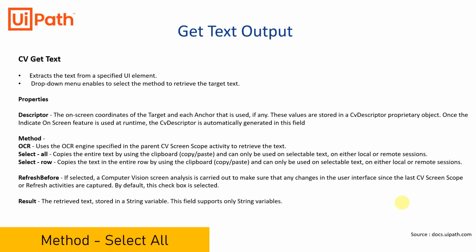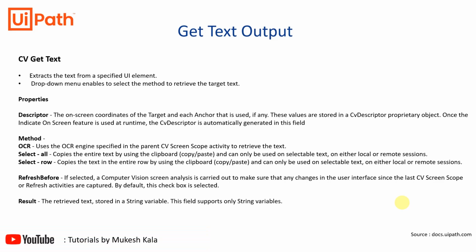So for example, if you have some text in a notepad, a text file, or a document, which you simply want to copy and paste, such as with Control C and Control V, instead of the OCR, you can actually use this option, which is called select all. How does select all work? It works exactly in a Control C and Control V manner.